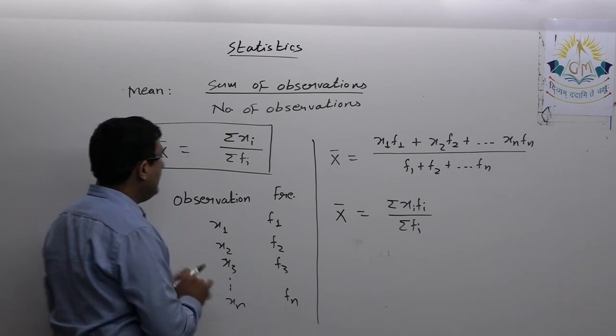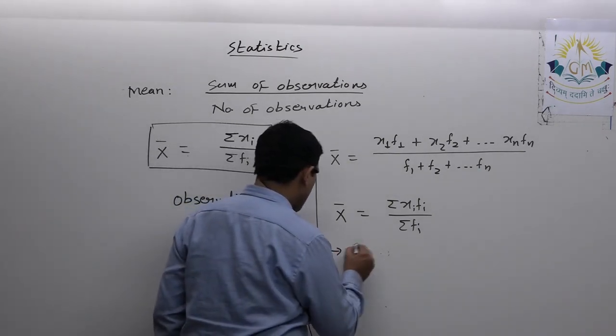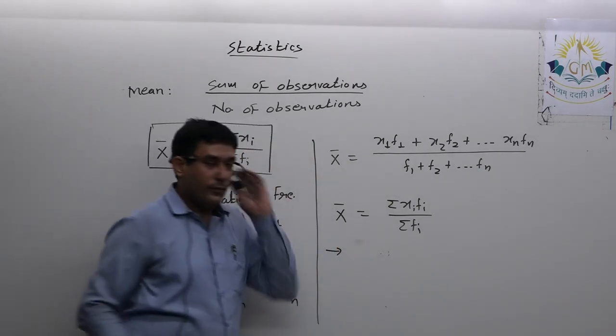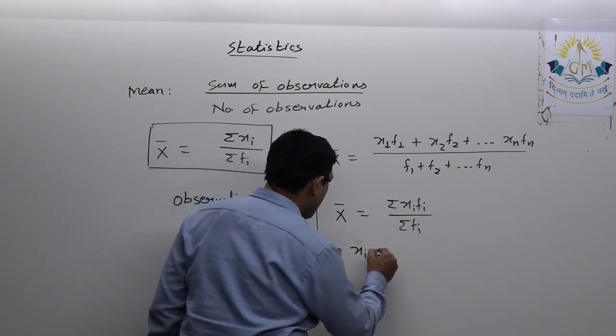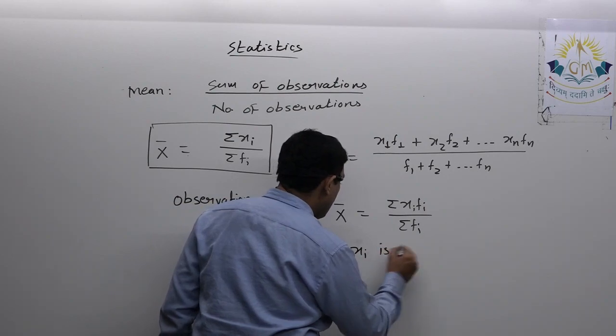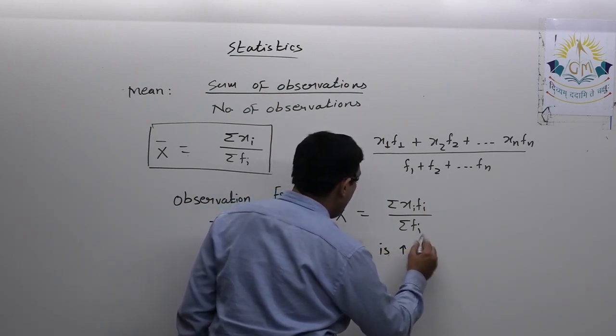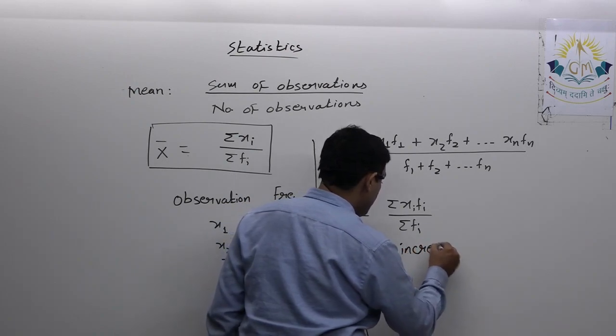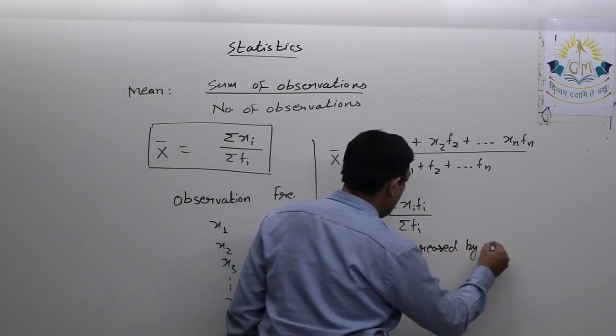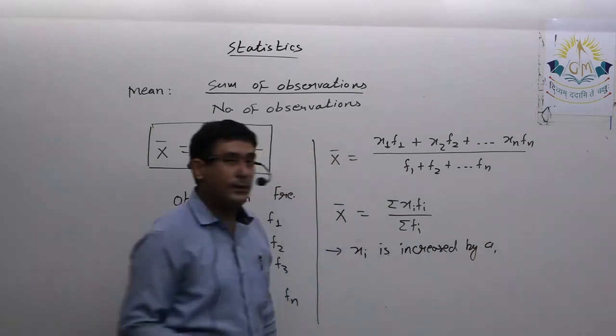If each observation, I'm writing in short, if xi is increased by a, the mean is also increased by a.